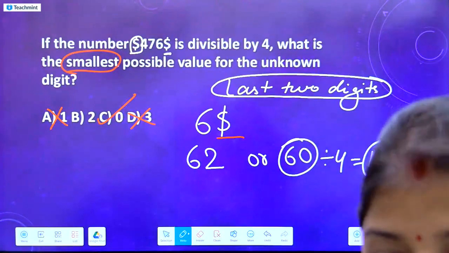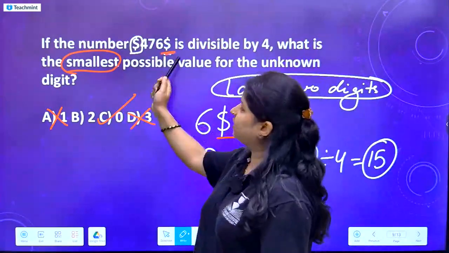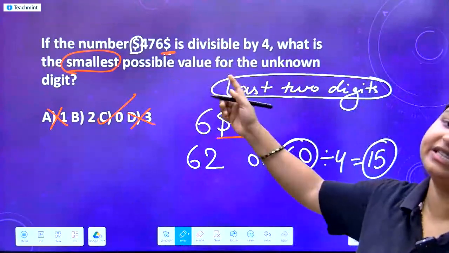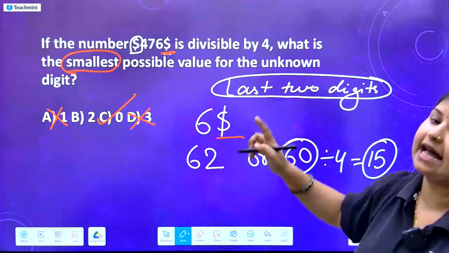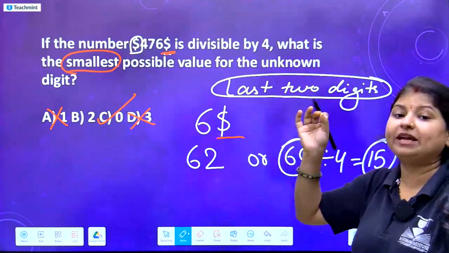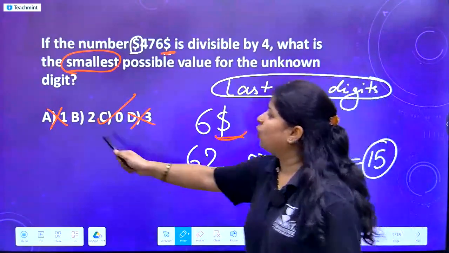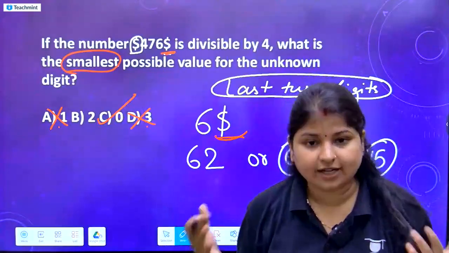Okay. At this dollar place, you have to take the smallest value that makes this number divisible by 4. The divisibility rule of 4 says that the last 2 digits should be divisible by 4. So the last digit should be what? 1 and 3 cannot be, because they are odd numbers.